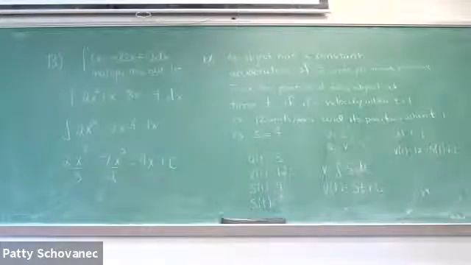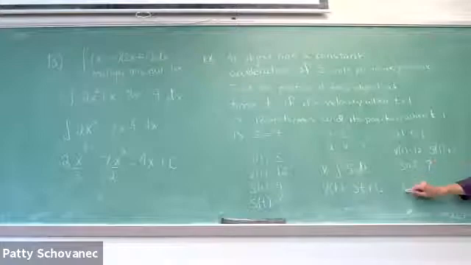So if 12 is 5 plus c, then that makes c equal to 7. And that gives us our velocity at any time t to be this 5t plus 7.